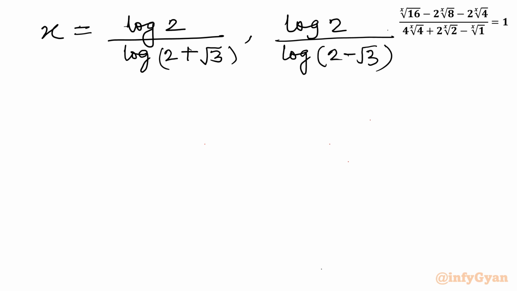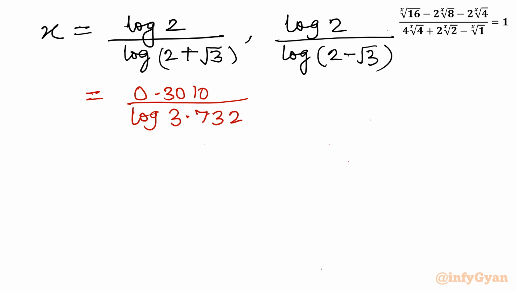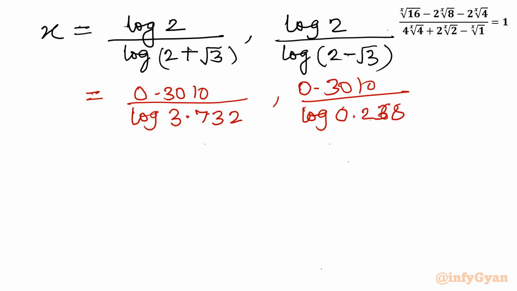If you put both the values, meaning the value of log of 2 plus root 3 and log of 2 minus root 3, so log 2 is 0.3010. 2 plus root 3: root 3 is 1.732, so it would be 3.732. Here I will write 0.3010, and in the denominator I will write 2 minus 1.732, so it would be 0.23268. Okay. Now I will take log of the denominator.